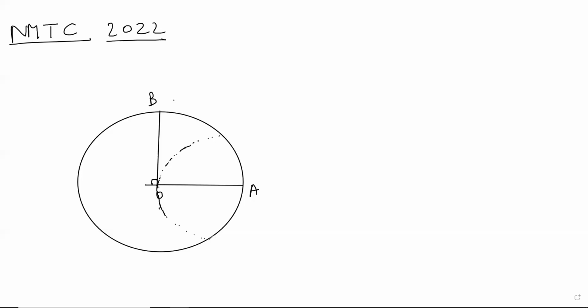Okay, so this is C. And then BC cuts OA at D.